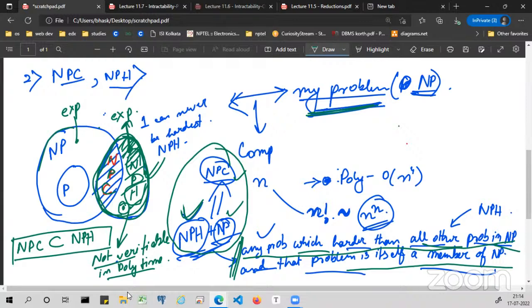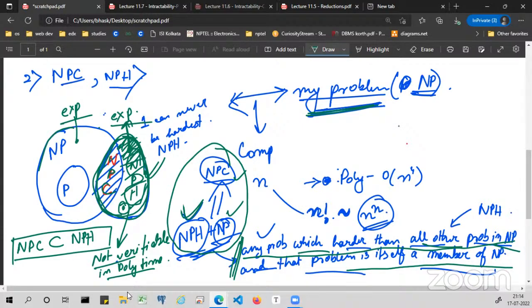I can have NP taking exponential time, NP hard also taking exponential time, and keep them separate, because you have not given in your definition that if I take exponential time, I must be NP. Is that a condition you have told? No. I can take exponential time and not be in NP, because NP's definition does not say that exponential algorithms are NP problems. So that's why I am keeping this separate.